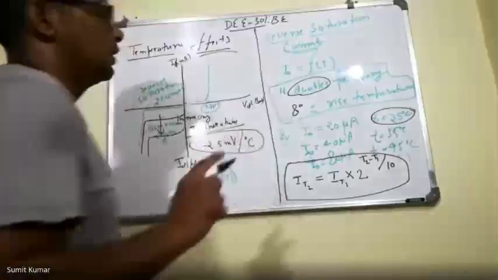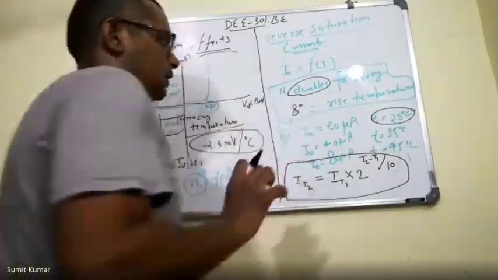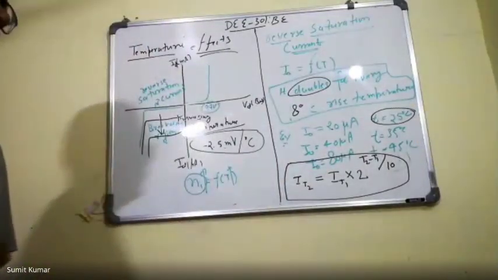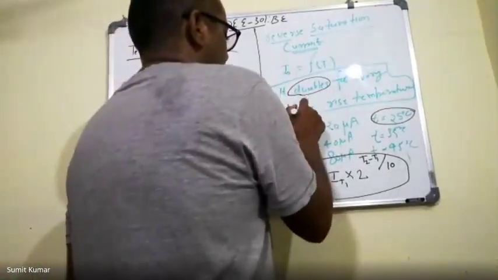One more thing that you need to understand, here I have written the statement, it doubles for every 10 degrees Celsius, for the silicon diode.